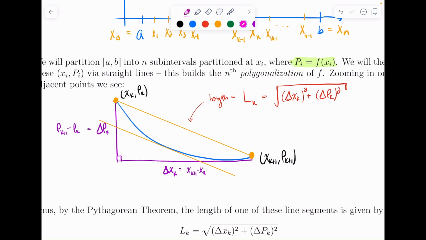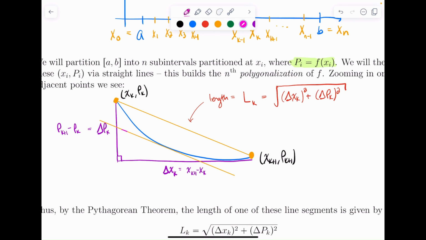And maybe for the purposes of this demonstration, I'll make that this pink line right here. So the important observation is that the pink line and the orange line have the same slope. And maybe this tangent line is occurring very specifically at some x value. We're going to call that ck.